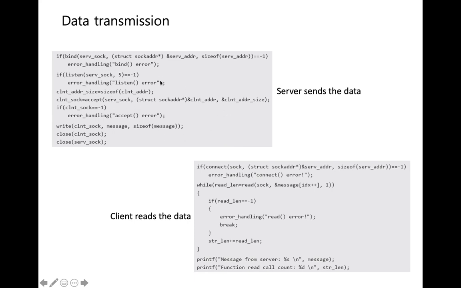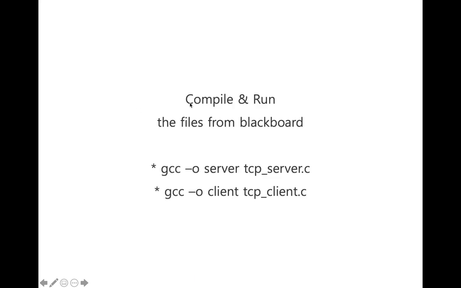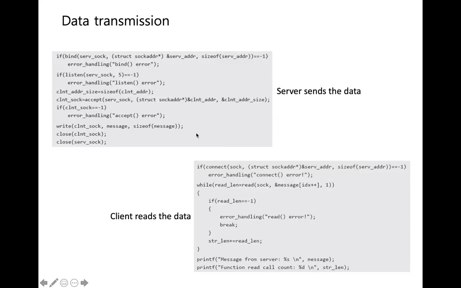I will upload these two files also, TCP server and TCP client. The main thing is how the binding can be done, how to write the message, how to read the message. We have already seen those things, and how to close the server. So you should be able to understand everything related to it.